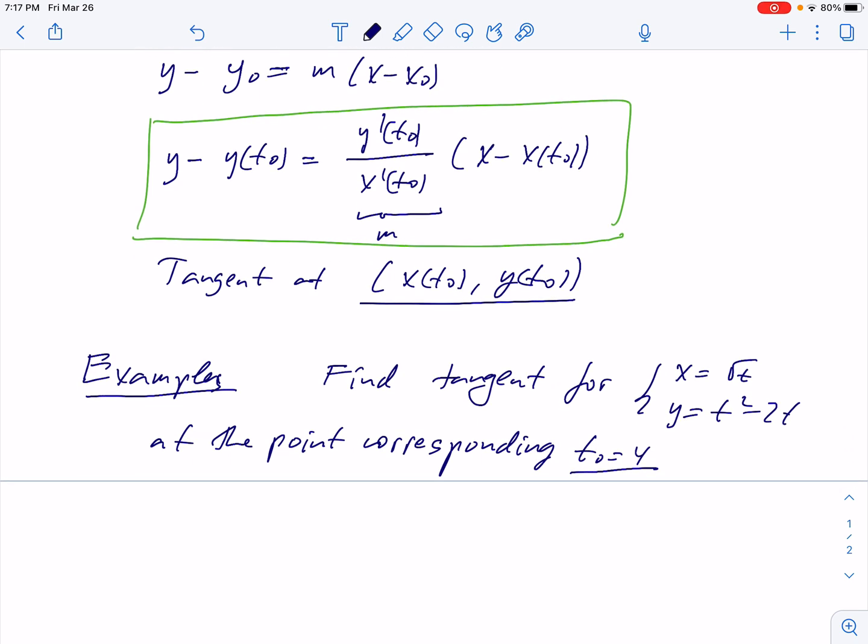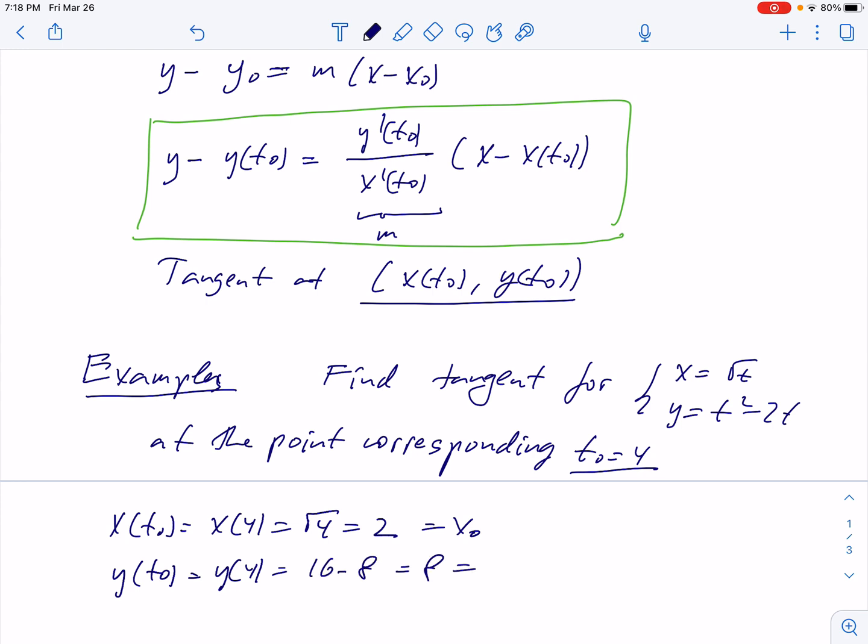Okay, so first we have to find the point. x of t0, that's x of 4, that's root of 4, that's 2, that's x0. y of t0, this is y of 4, this is 16 minus 8, that's 8, it's y0, 8 here.